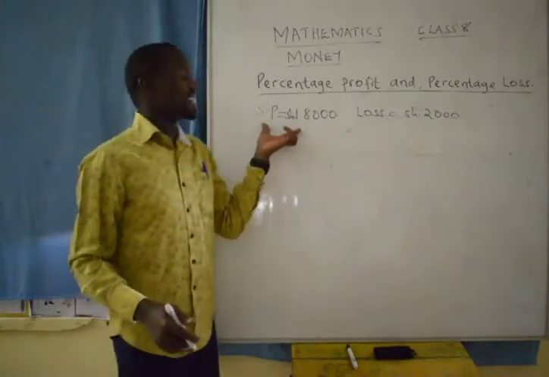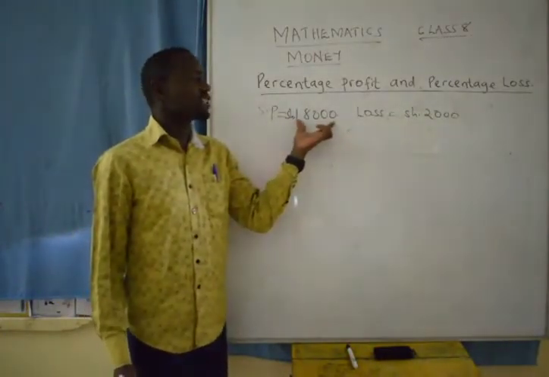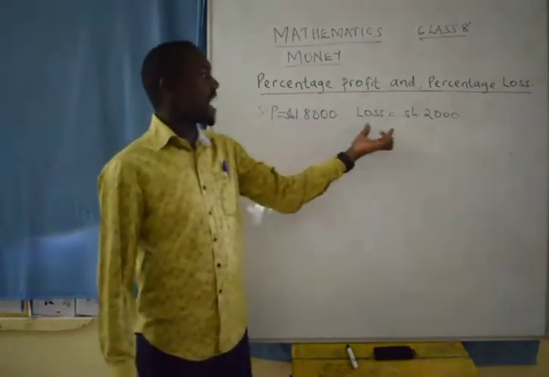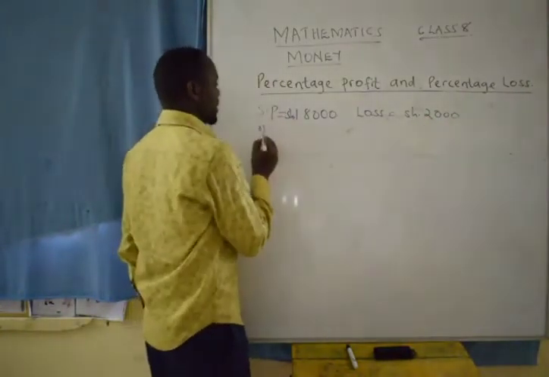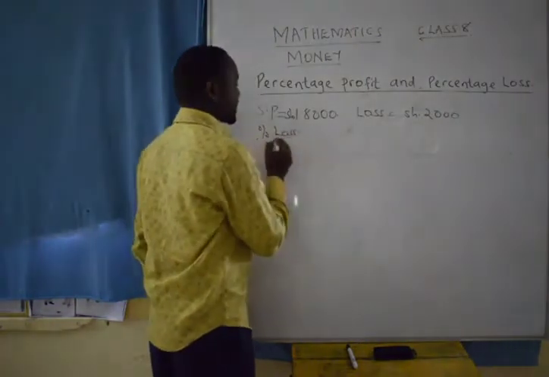Somebody sold a television set for 18,000 shillings, having incurred a loss of 2,000 shillings. Calculate the percentage loss.